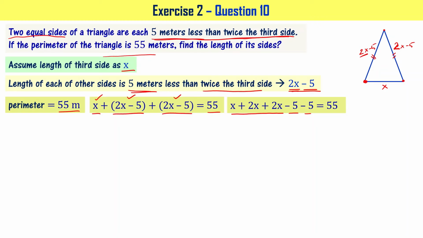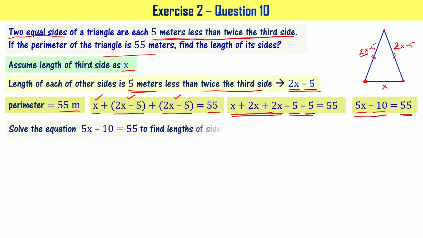I have segregated all variable terms first and constants later. Now you simplify this equation such that you can write it as 5x minus 10 equal to 55. This is x plus 4x is 5x, and minus 5 minus 5 is minus 10. 5x minus 10 equal to 55 is a linear equation.